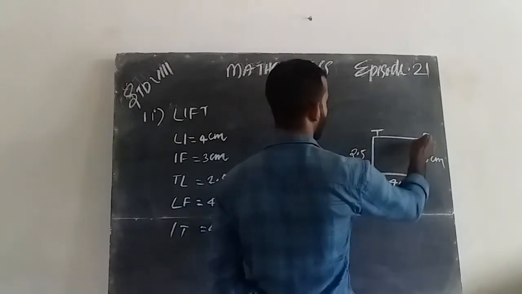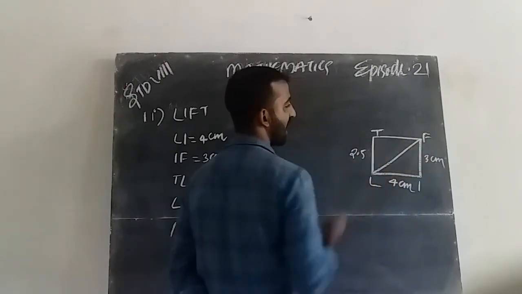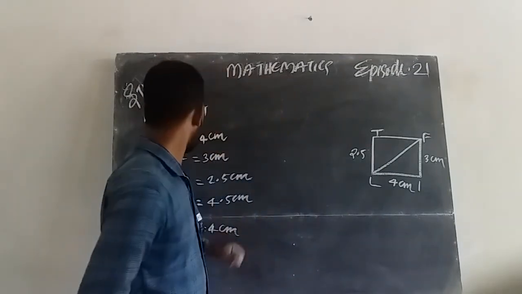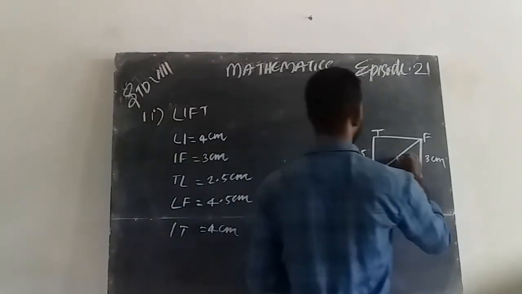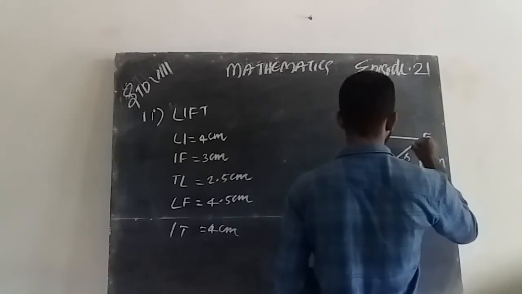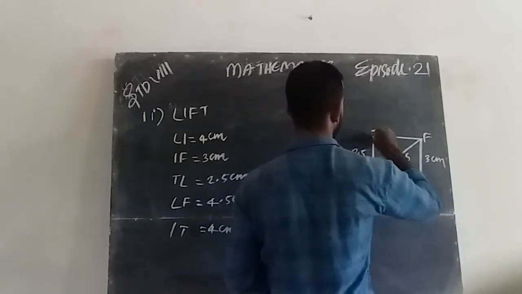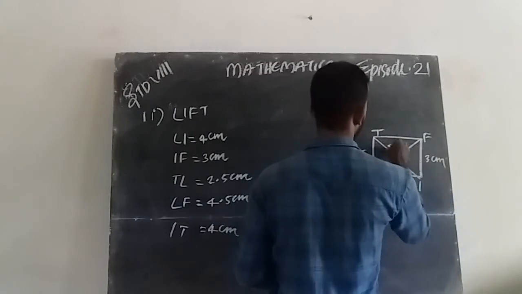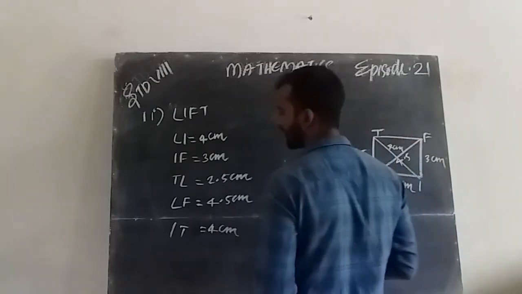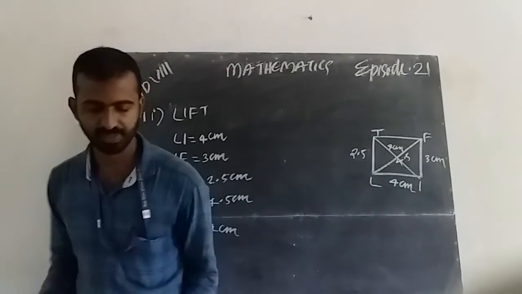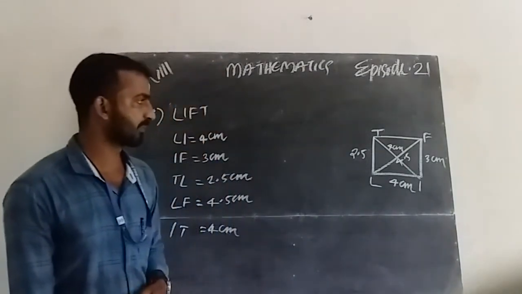And LF, this diagonal, is 4.5 centimeter and IT equal to 4 centimeter. We want to draw.